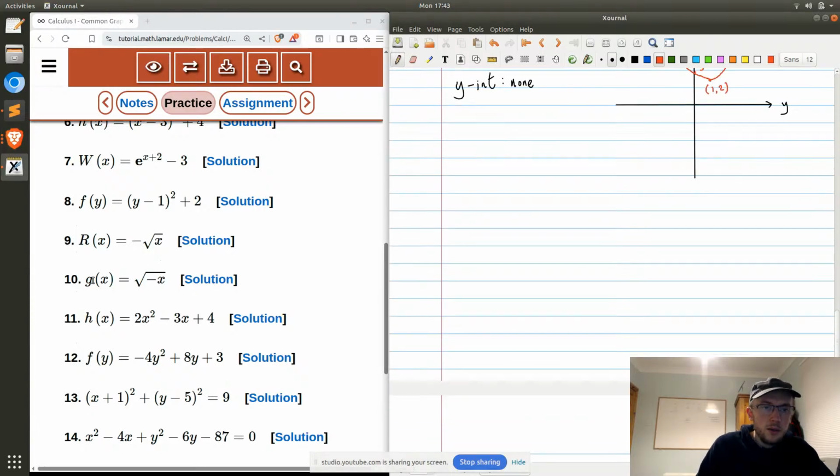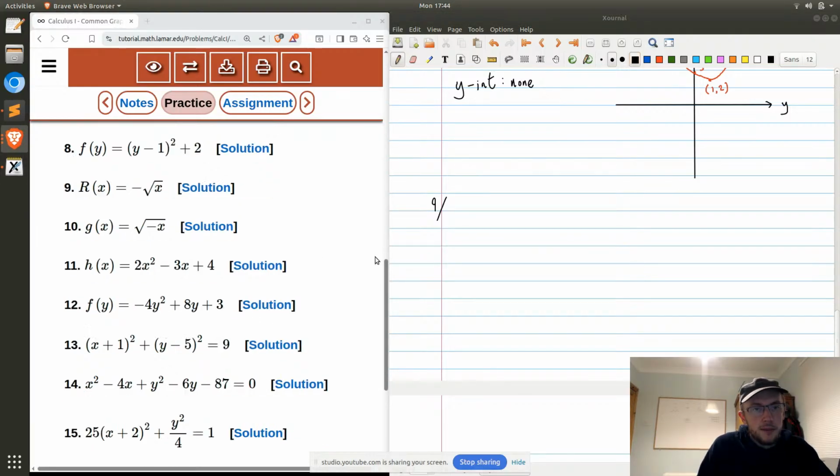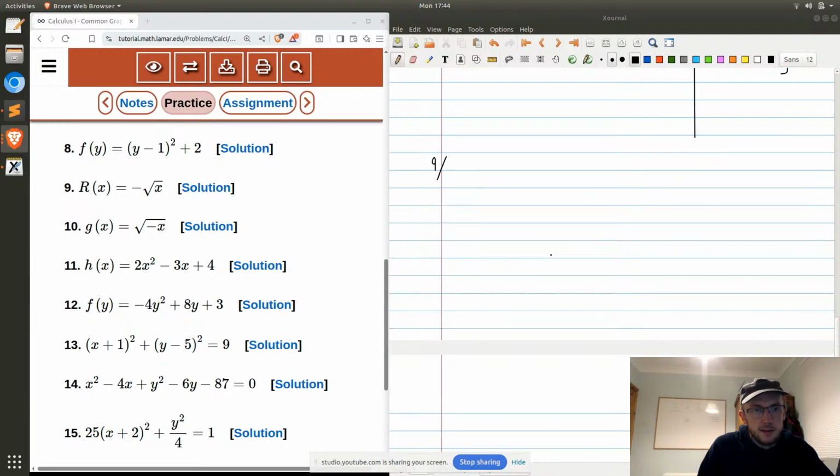You can't use all these variables and then just expect me to be that way. But anyhow, now we have r of x, which is the negative of the square root function. Function in quotes.